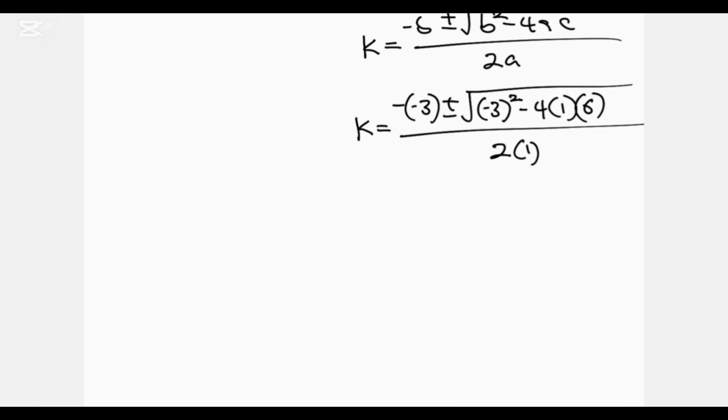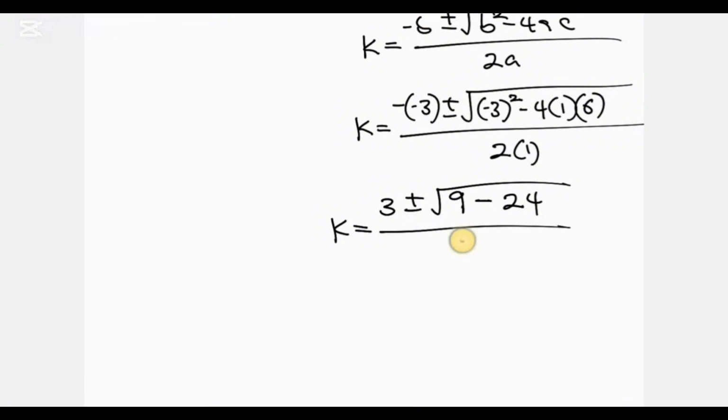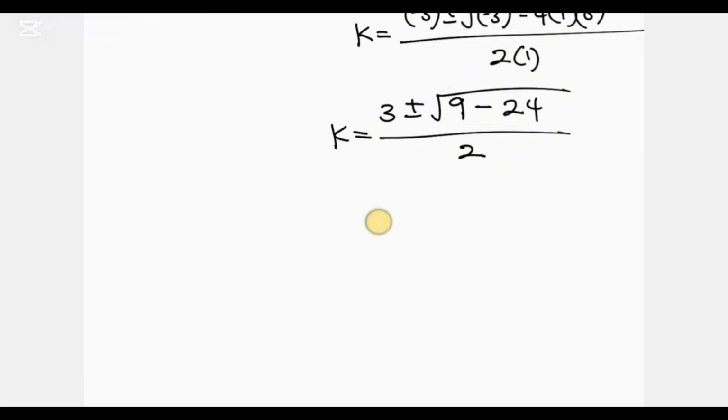Good. So this becomes k equal to negative times negative is positive, so we're going to be having positive 3 plus or minus the square root of negative 3 squared is 9 minus 4 times 1 times 6 is 24, all over 2 times 1, that will be 2. Very good.